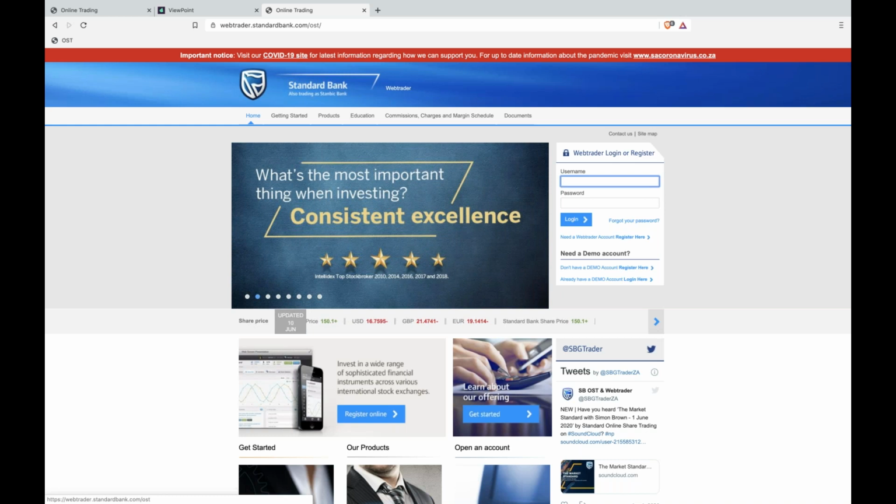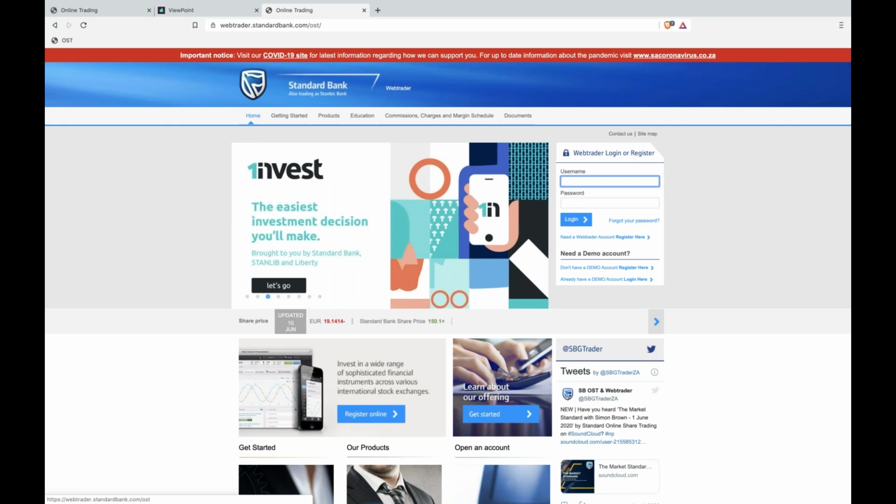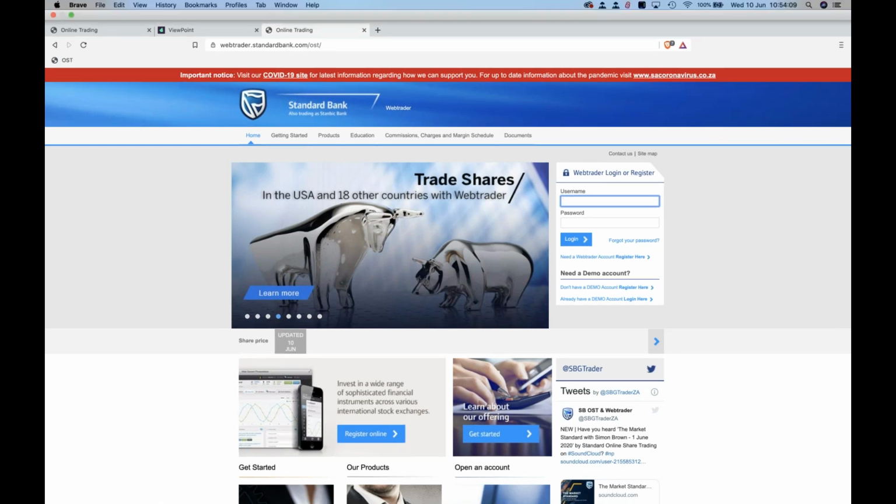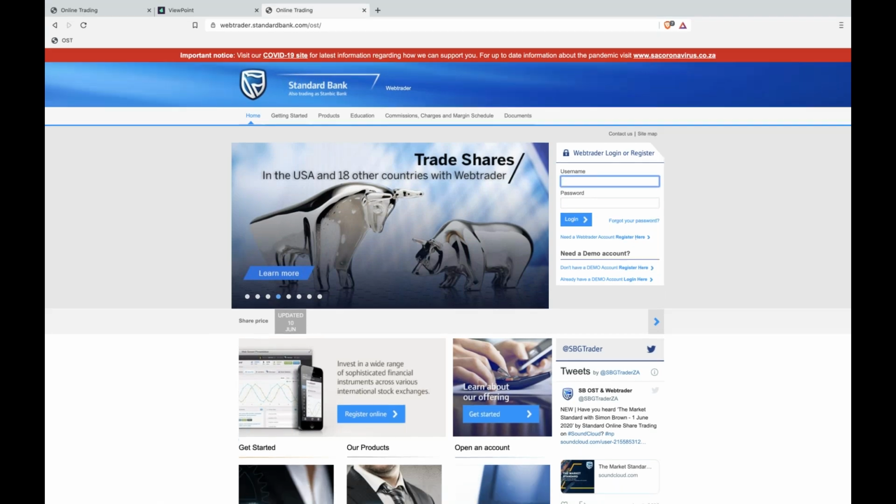It is separate. It is a pure offshore platform. You take your money offshore. It goes into US dollars. It is the real McCoy. They will pull your FICA from your OST account, so you won't need to re-FICA, but you can have a pure offshore trading account. It includes equities, of course, also includes CFD and FX pairs.